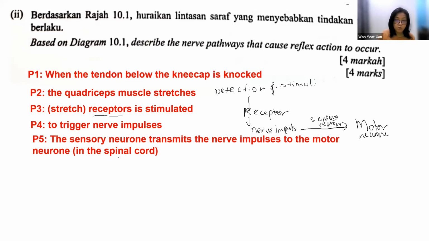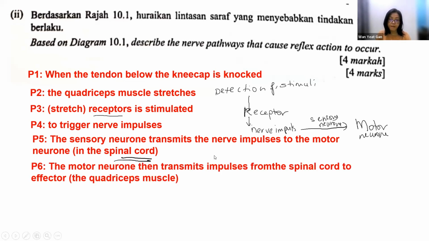This motor neuron is in the spinal cord. And then the motor neuron transmits it from the spinal cord to the effector. So what is the effector? The effector is the muscle just now, the quadricep muscle.